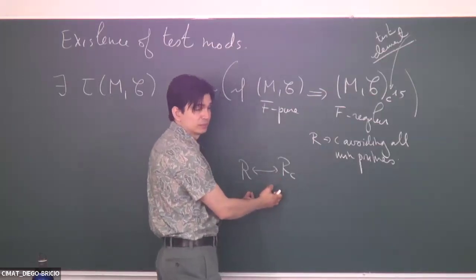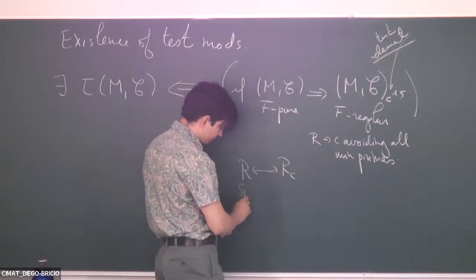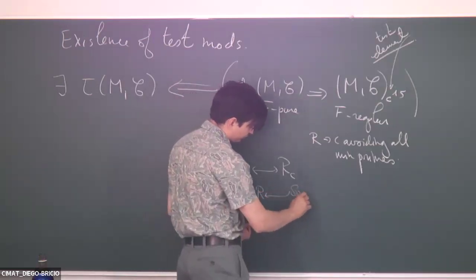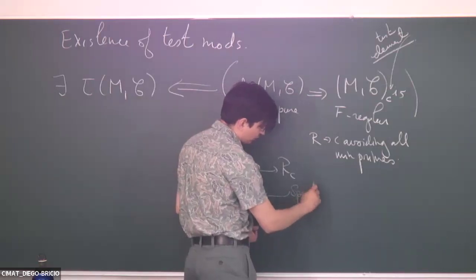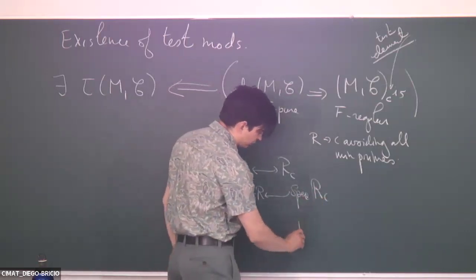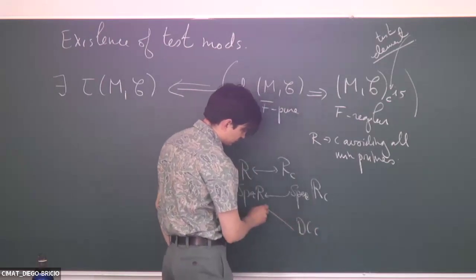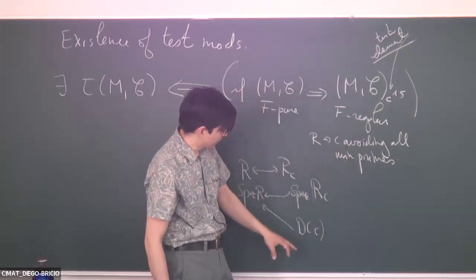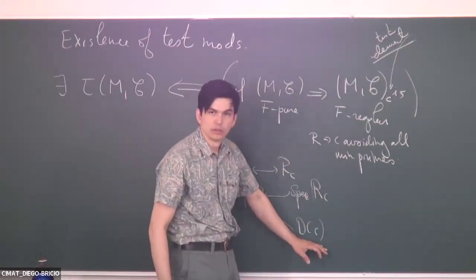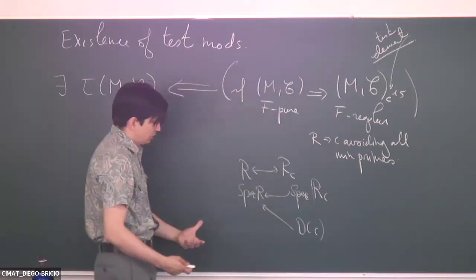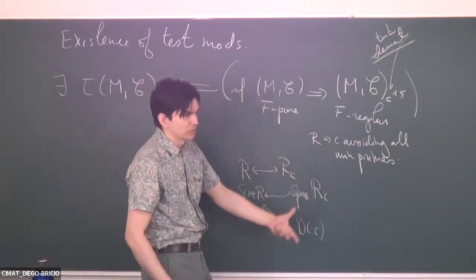What you're shrinking is the spectrum of R. The spectrum of R contains the spectrum of R localized at C. This is the principal open D(C) inside here. And as soon as C avoids all minimal primes, that means that this principal open will see all generic points. So you can shrink R as much as you want.